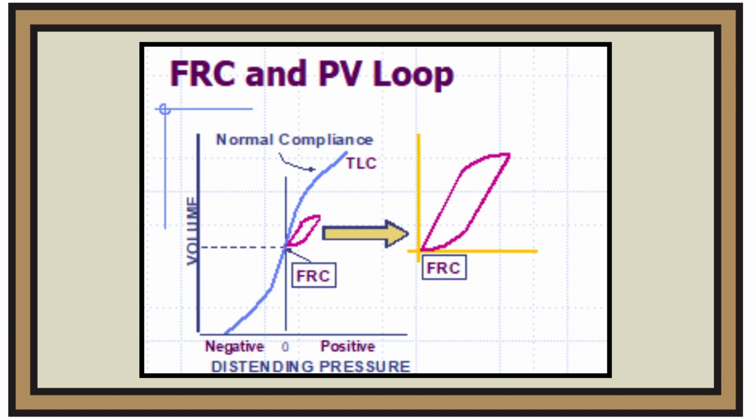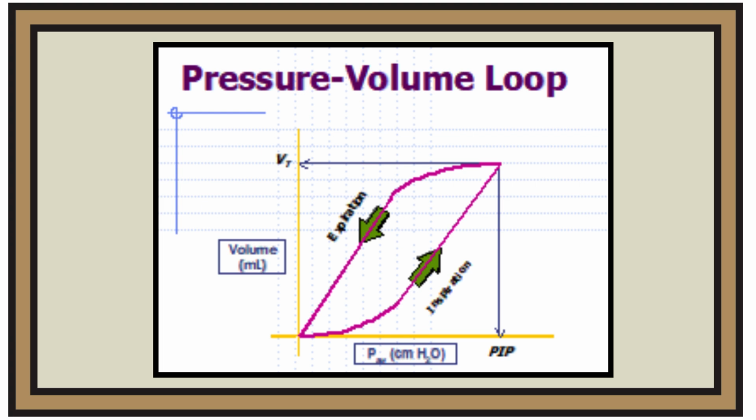It is important to recognize that the beginning point on a pressure volume loop is the FRC level. When PEEP is added, the FRC level increases. A pressure volume loop traces changes in pressure and corresponding changes in volume.